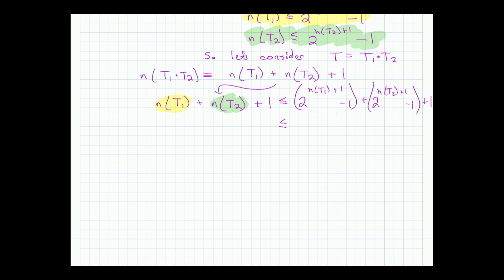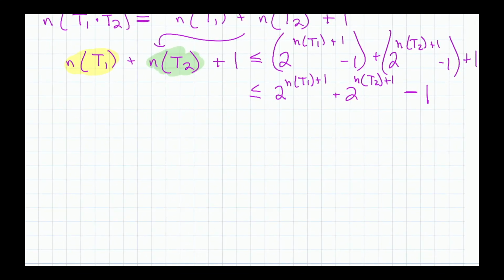Let's just combine those. So I'll have 2 to the h of T1 plus 1, plus 2 to the h of T2 plus 1. And then overall, the -1, -1, +1 is a -1. Okay, so far so good.